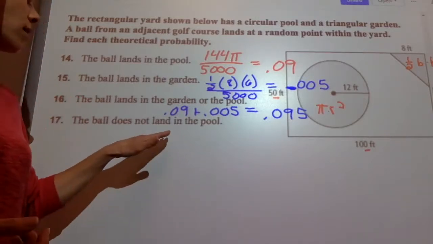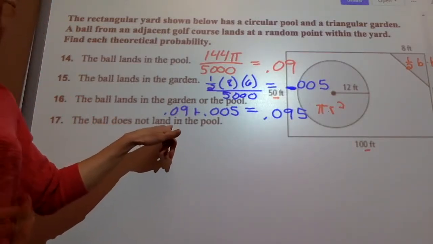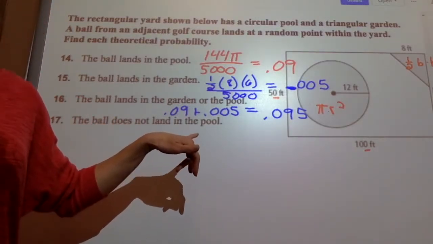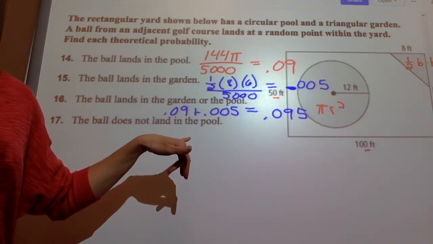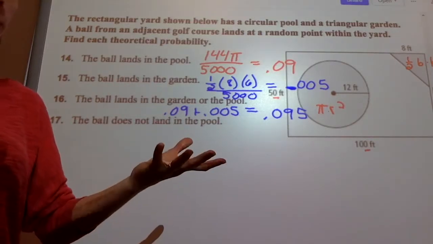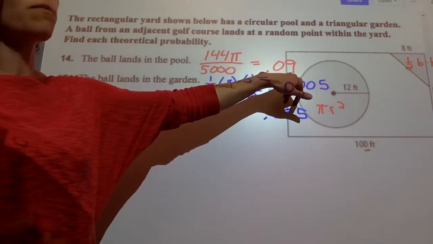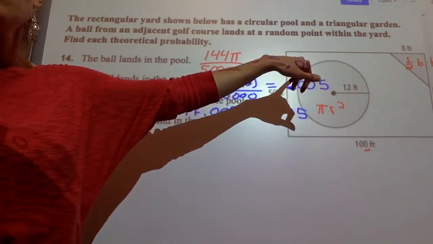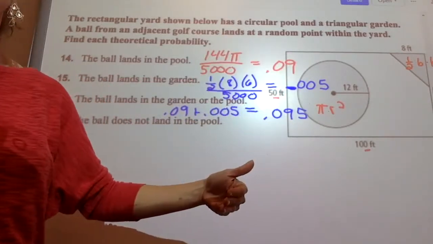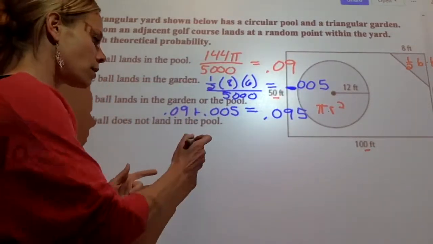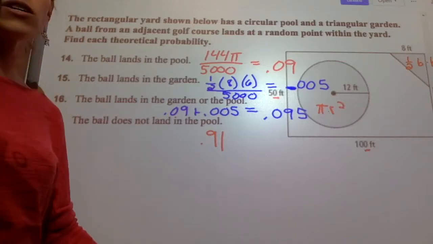Okay? So if I look at this one, my probability, I either land in the pool or I don't. That's the only two things that can happen when I'm talking about the pool. The ball can land in the pool or it doesn't land in the pool. So if I have a 9% chance of the ball landing in the pool, what's the probability of not landing in the pool? 91. Those are called complements of each other.